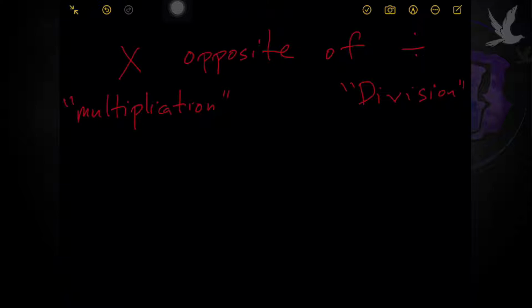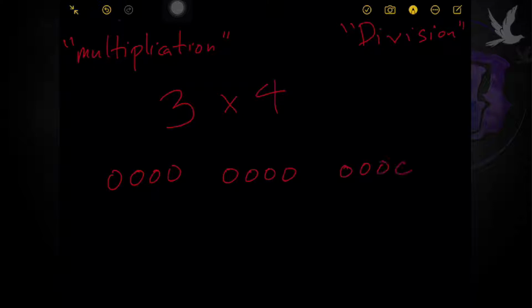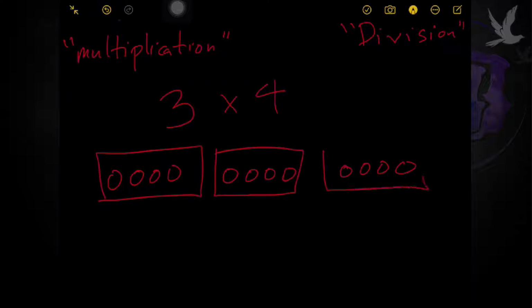For example, we have 3 times 4. Okay? So if we have three groups of 4, 1, 2, 3, 4, 1, 2, 3, 4, 1, 2, 3, 4. Three groups, we have 1, 2, 3.